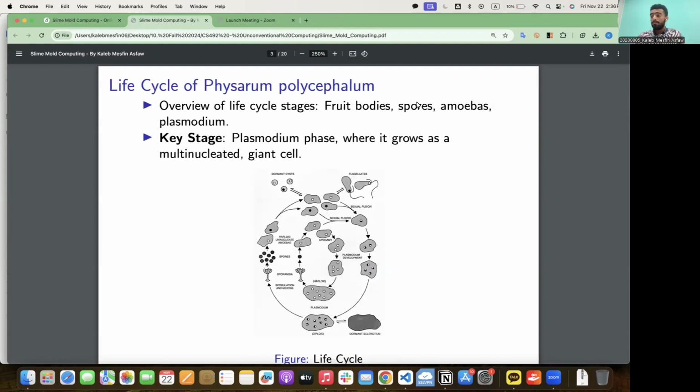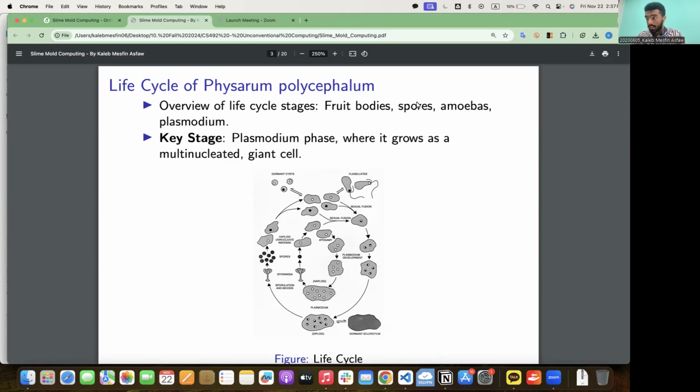Very briefly, I think it's best to touch upon its life cycle. We're not going to dive deeply because we're mainly interested in the computing part, how it performs computing. Not all life cycle stages of this organism are capable of performing computing.